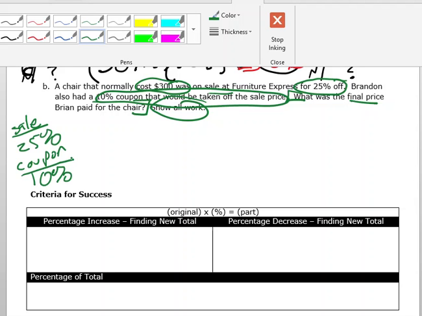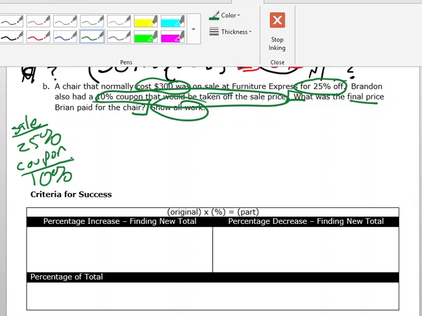Ms. Syed, can't you just say 25 plus 10 and take 35% off? And the answer is no. What I need to do is first find the 25% off sale price and then take 10% off of that price, which will give me a slightly different answer.